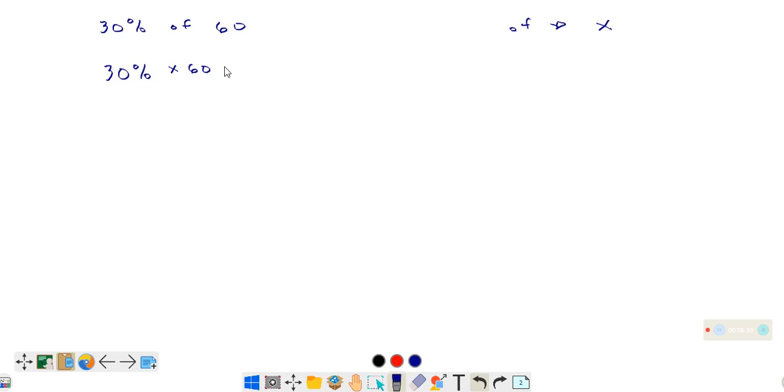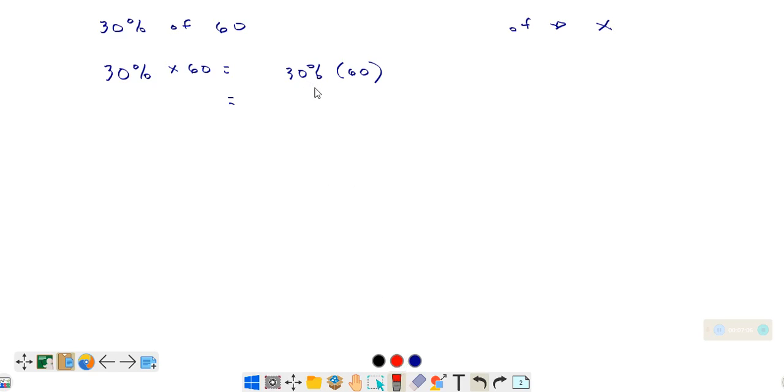Okay, so we have here 30% of 60. And of means the operation multiplication. So we have 30% times 60. Since hindi na natin masyadong ginagamit itong notation na x or symbol for multiplication, we are going to convert this into decimal form.